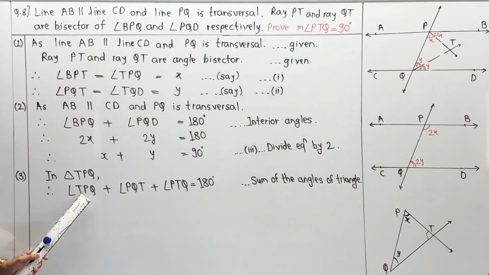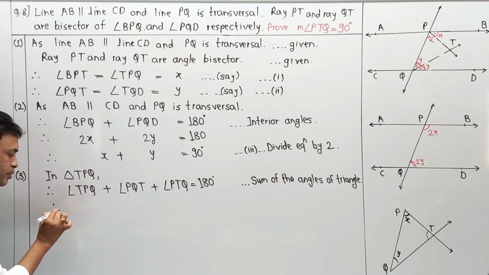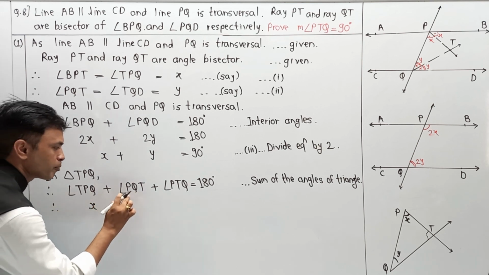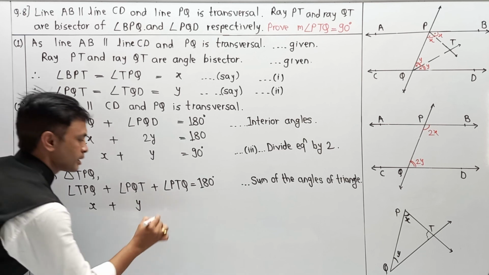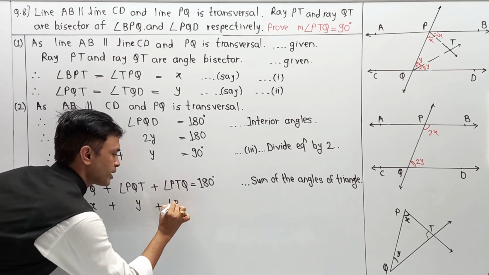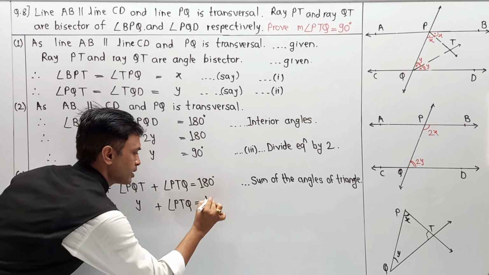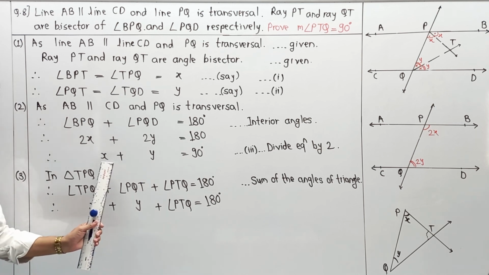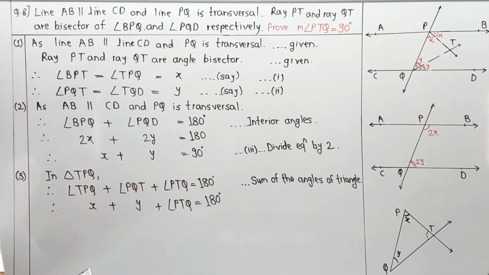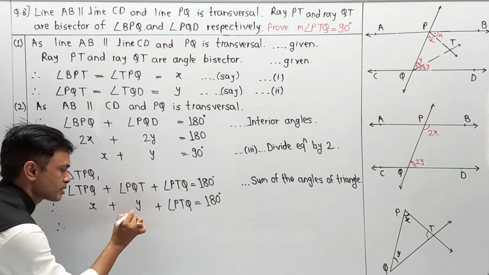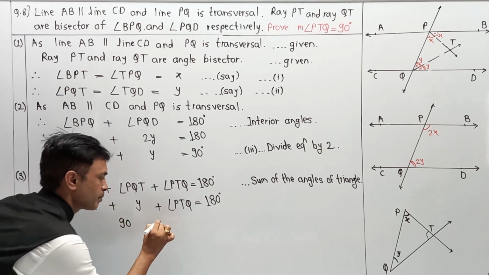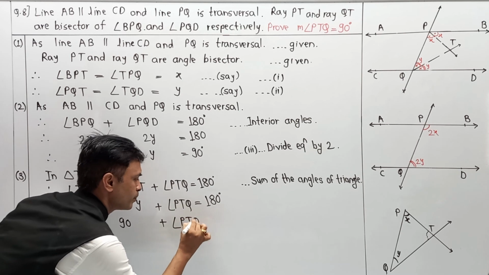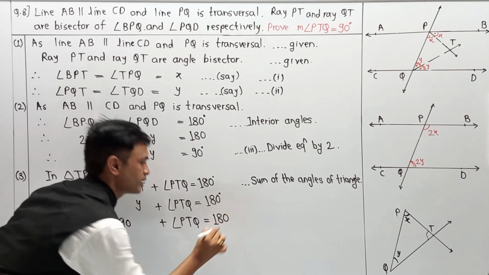Now the value of TPQ is x as per our indication. The value of PQT is y, plus PTQ, which we are supposed to find, is equal to 180 degrees. We know that x plus y is equal to 90 degrees. Putting that value over here, 90 degrees plus angle PTQ is equal to 180 degrees.